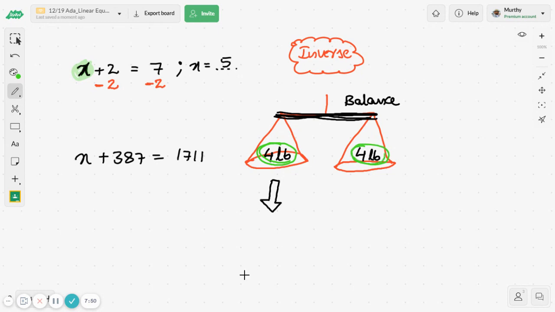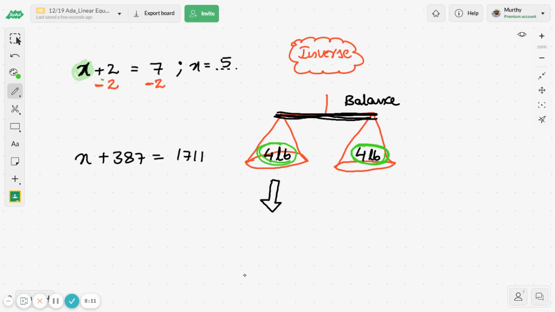Like in a chemistry lab, if you want to check the weight of some chemical, we put 10 grams or 20 grams on one side, and on the other side we put the chemical so that we can check the weighment, right? So please notice that we have to balance it.